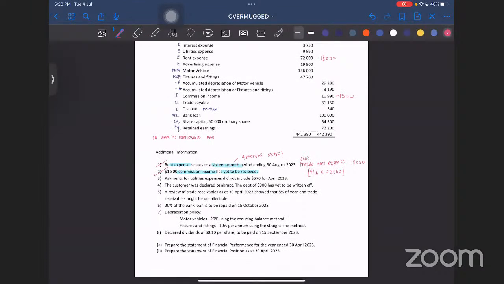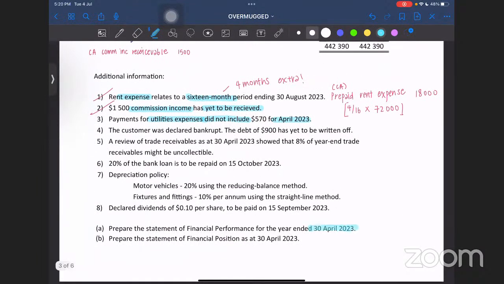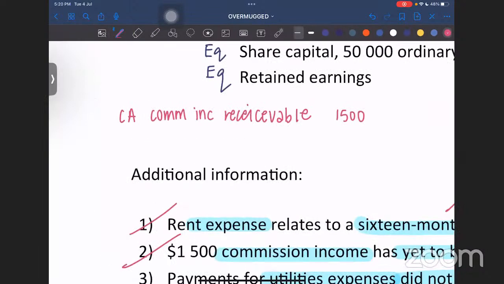Next one, payment for utility expense did not include April. So here our year end is what? April. Okay, so they didn't pay until April. So what did it mean? Payable. They didn't pay. Okay, so here payable, CL.